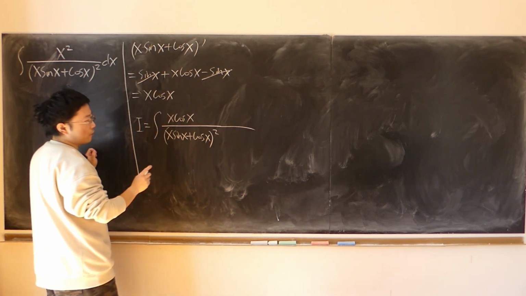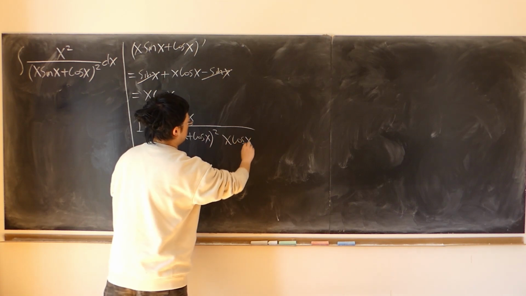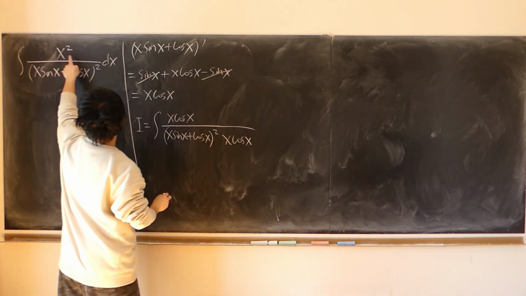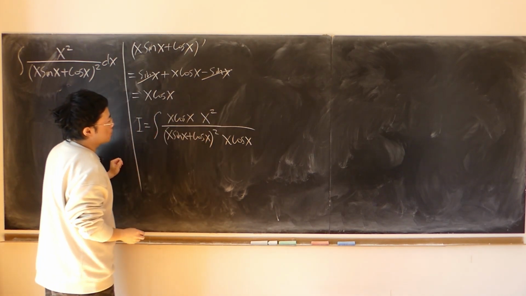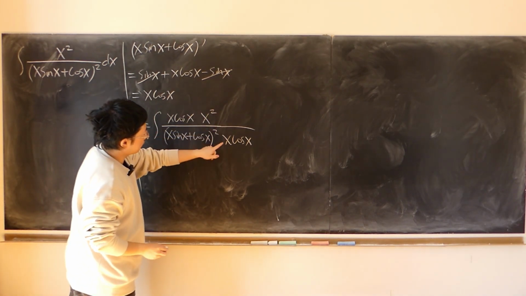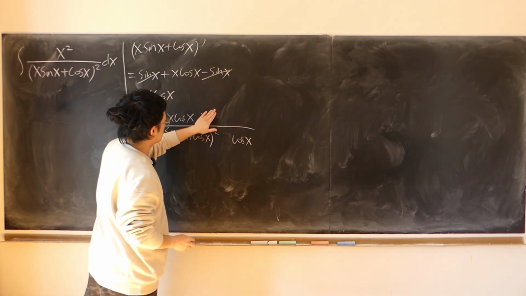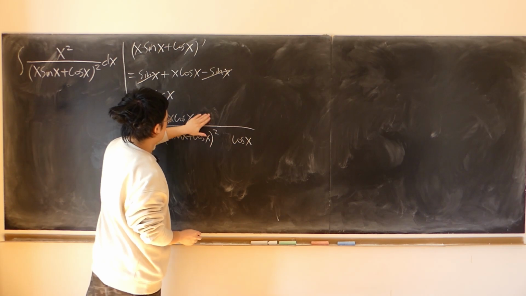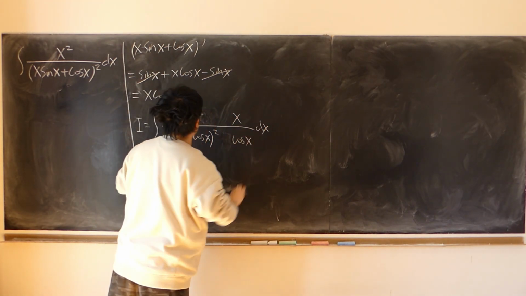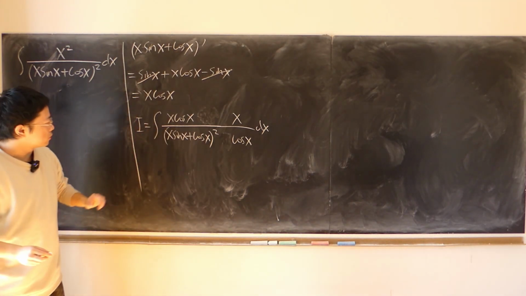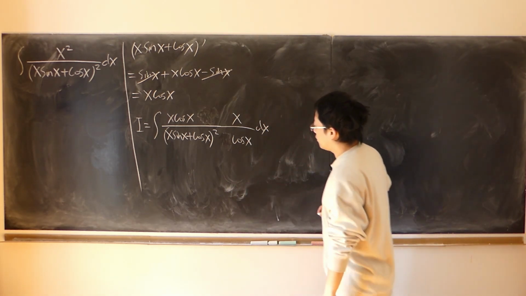Like I said, I'm going to divide by the same thing, x cosine x, and copy down x squared. But here, x squared and x, they can just simplify down to just x, dx. So I have two bits, right? This bit, that bit.